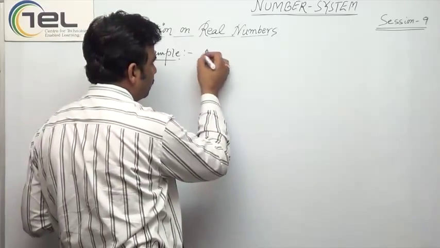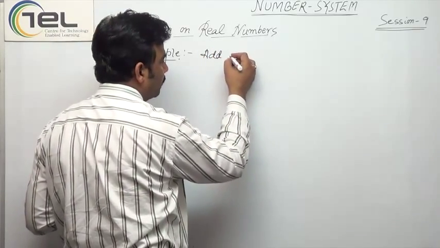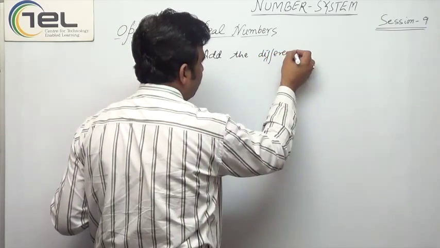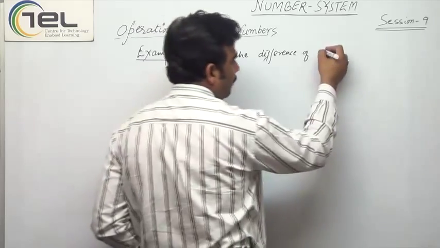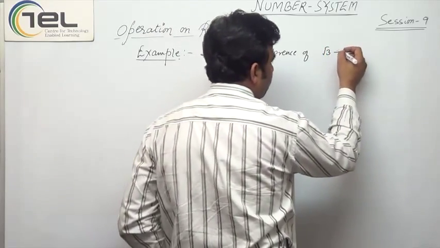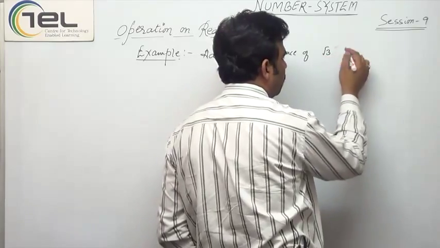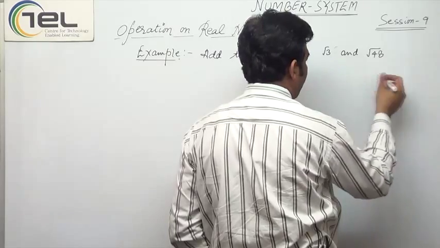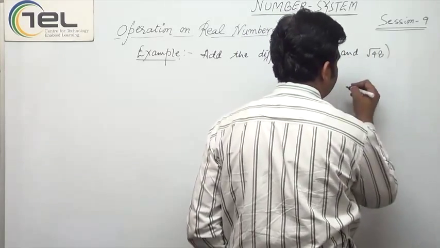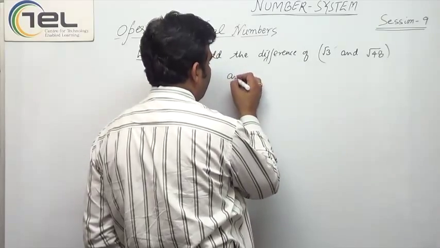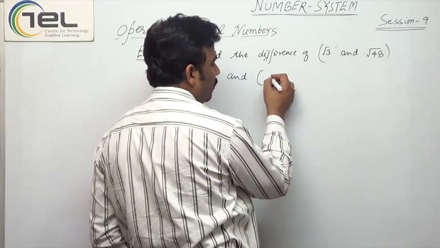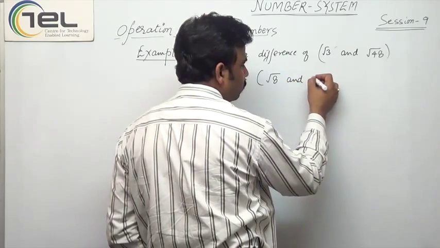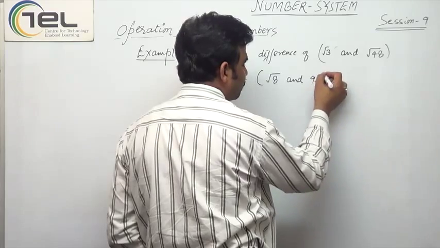Let's say add the difference of root 3 and root 48, and root 8 and, let's say, root 96.